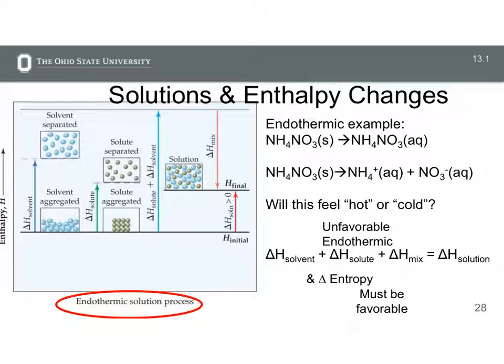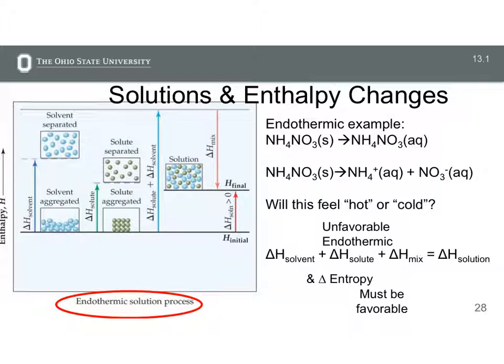So in the case where we have an endothermic process, in this figure, essentially delta H for the solvent and for the solute are the same, but our delta H of mixing is going to be smaller and doesn't result in a negative delta H of solution.